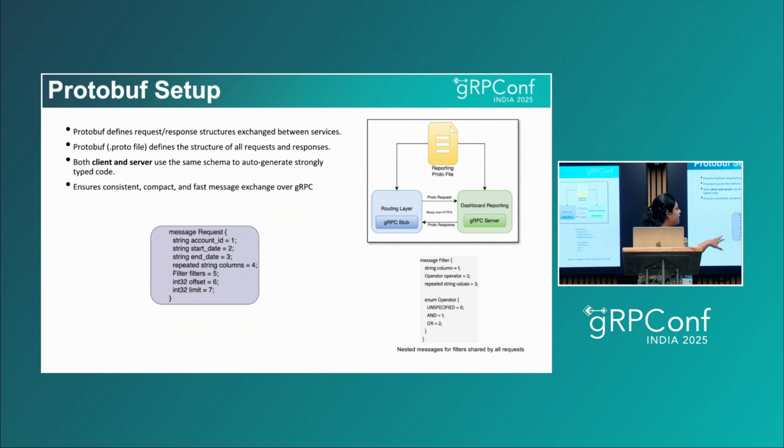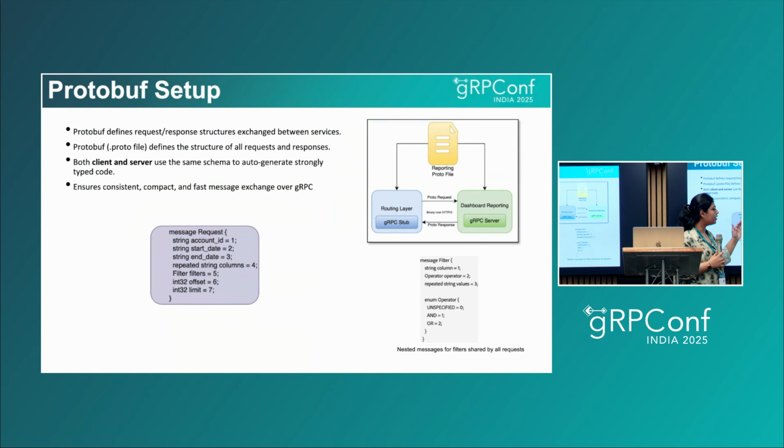Then we have a filter. Filter here is a custom nested message that we've created in our application, because there are multiple endpoints working in the application, including the time series one, the report, or insights. But the core logic remains the same: they are filtering data with respect to certain conditions. That is why we are using this message filter across all these requests.